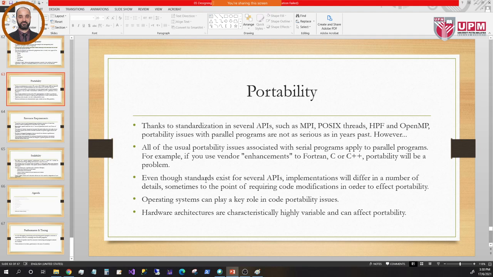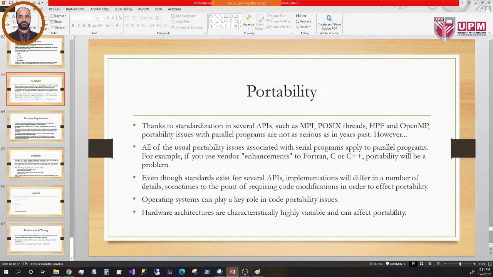Even though standards exist for several APIs, implementations will differ in a number of details, sometimes to the point of requiring code modifications in order to effect portability. Operating systems can play a key role in code portability issues. However, architectures are characteristically highly variable and can affect portability.